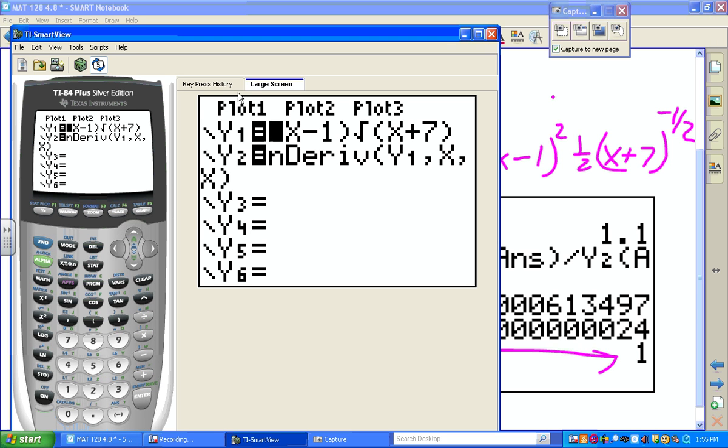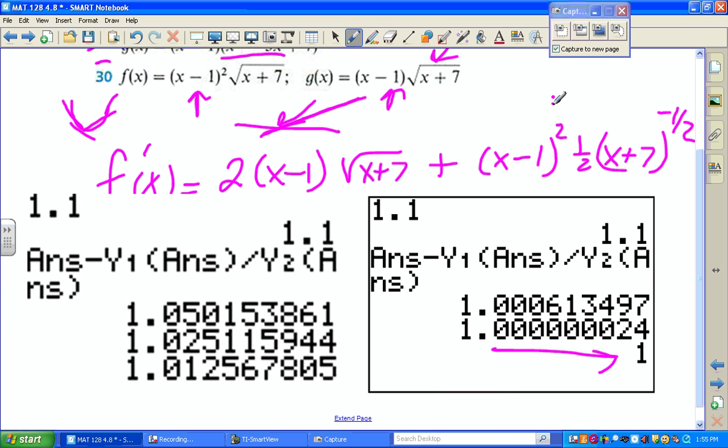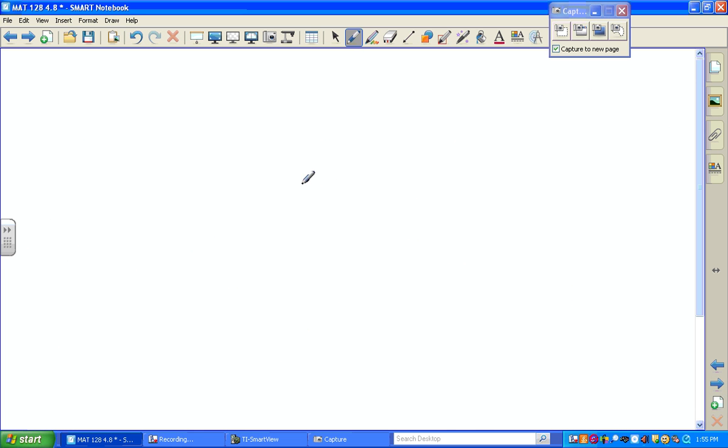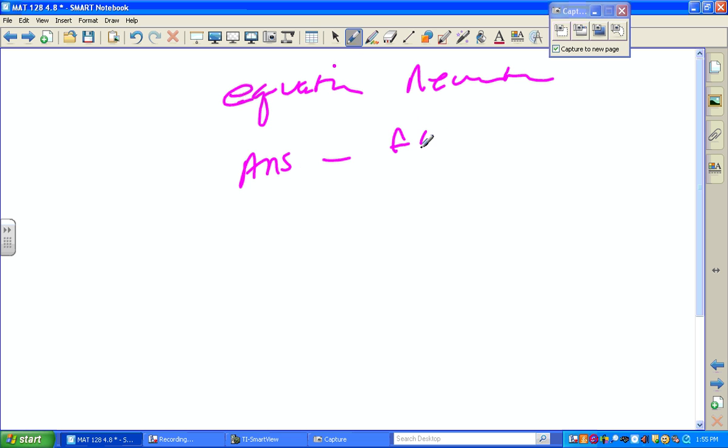So, now, don't misunderstand. On your test, now I haven't brought up the practice test yet, but on your test, if it says, write the equation for Newton's method, you can't write answer minus function of answer over derivative of answer.